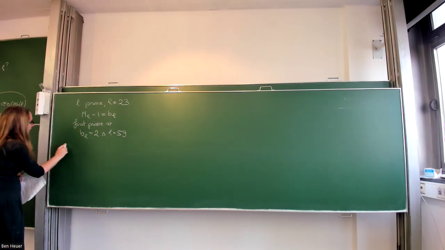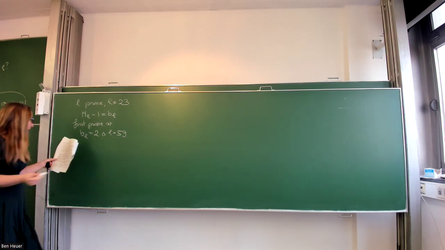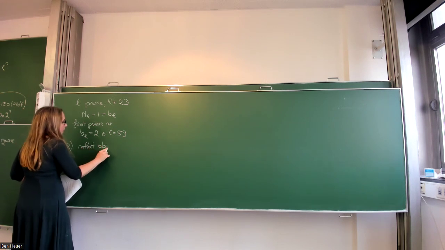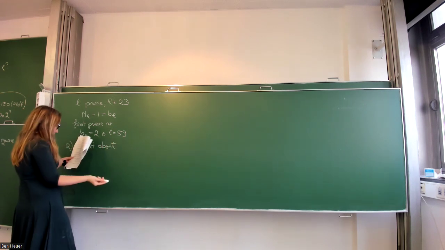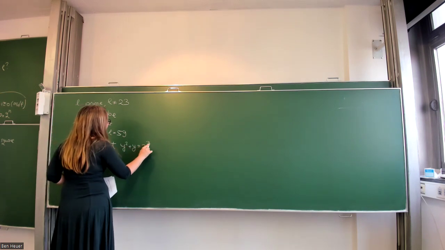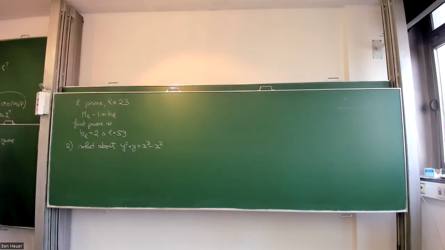But I really want to look at reciprocity laws for certain cubic polynomials, more precisely for elliptic curves. And so what about y squared plus y equals x cubed minus x squared? So now I'm taking a cubic polynomial, but in two variables.